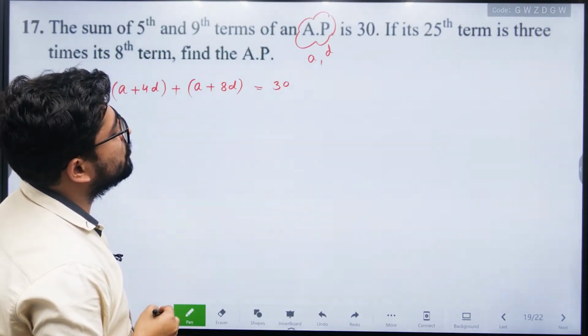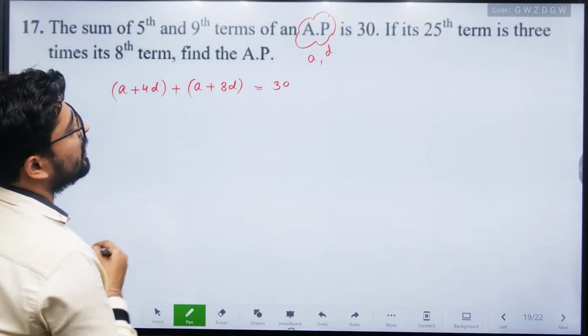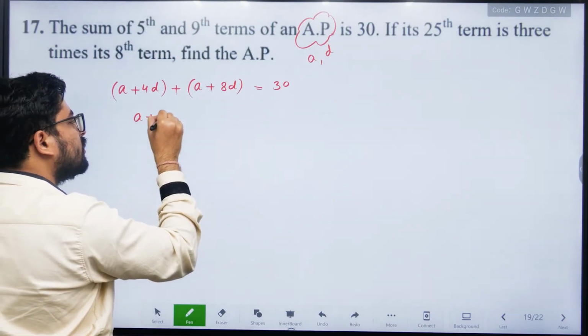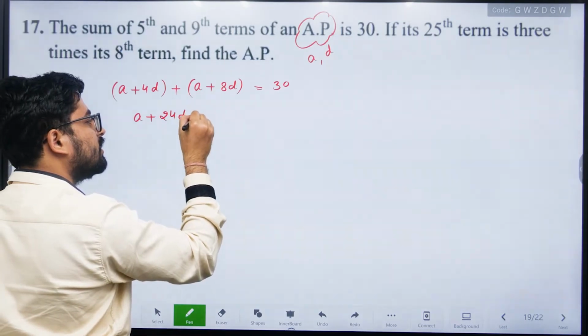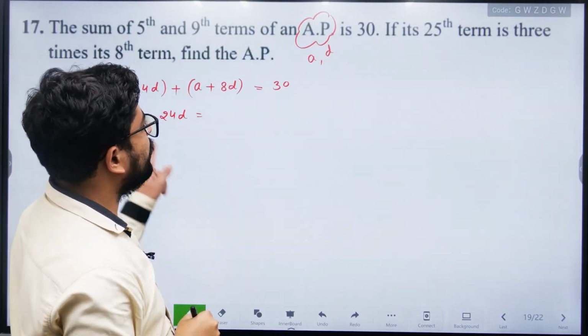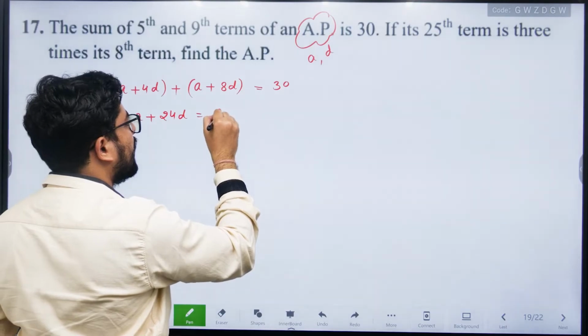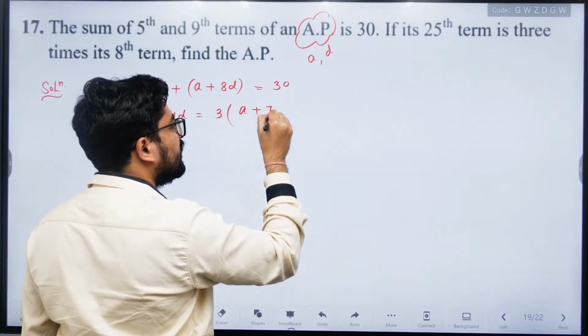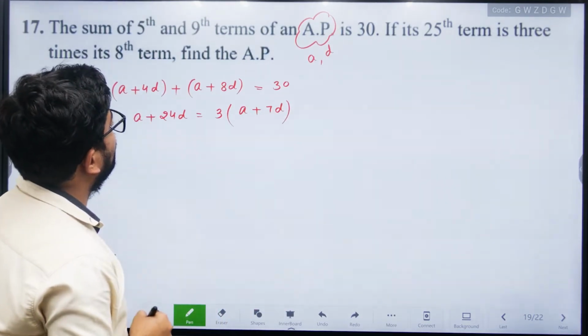And if its 25th term, that is A plus 24D, is 3 times its 8th term, the 8th being A plus 7D, then find the AP.